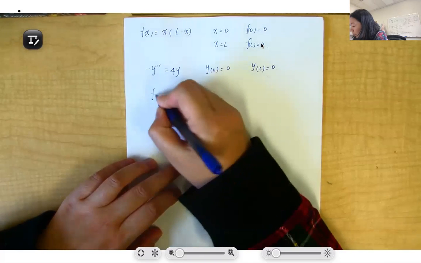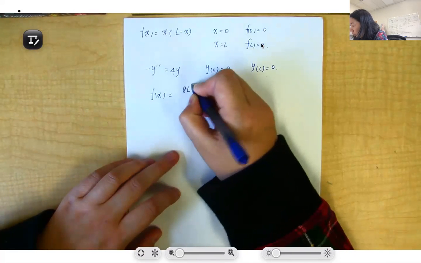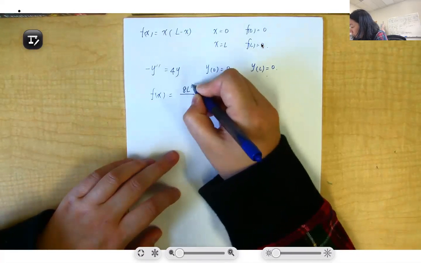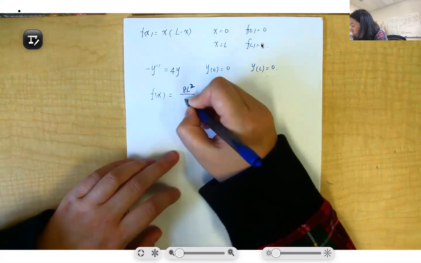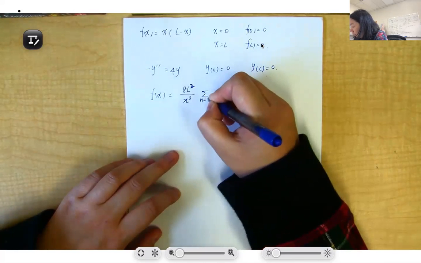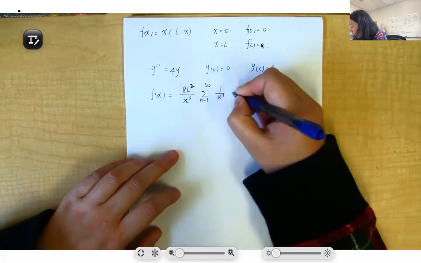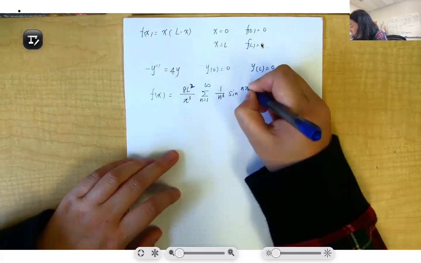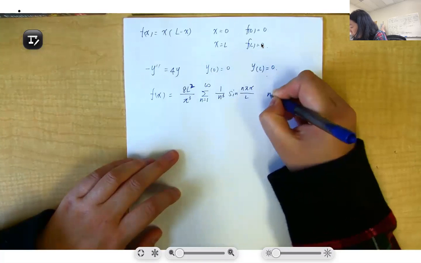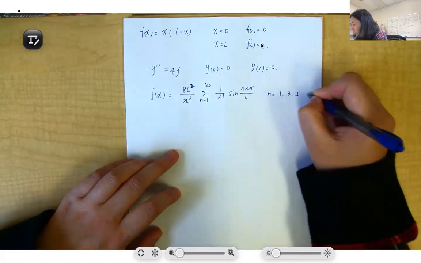We solve it as f(x) equals 8L squared divided by pi cubed, sum from n equals 1 to infinity of 1 over n cubed sine(n pi x over L), where n is only the odd number, 1, 3, 5 until infinity.